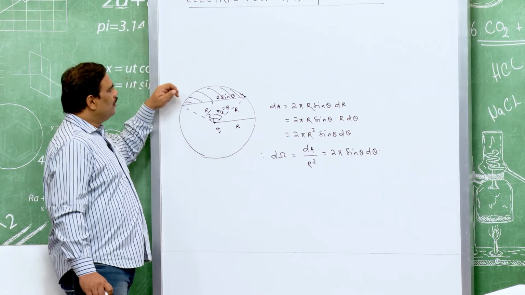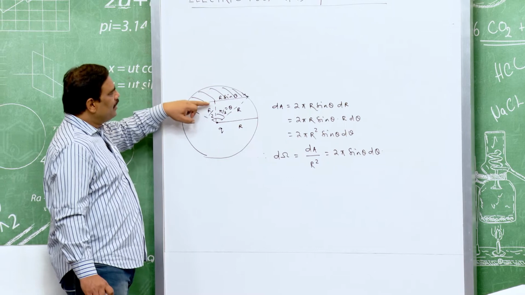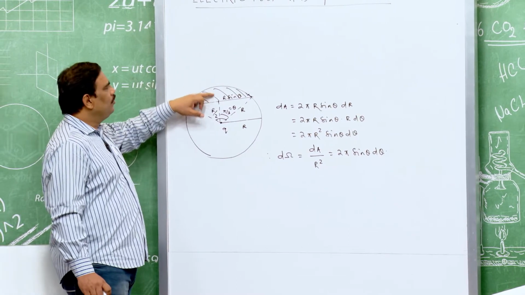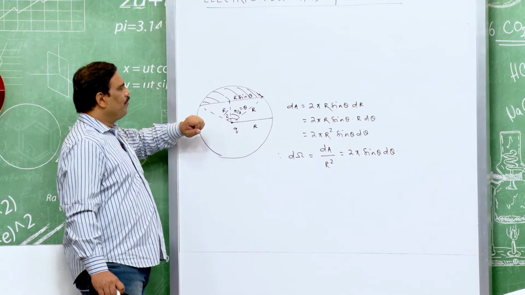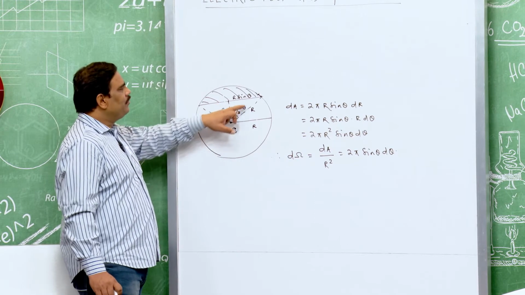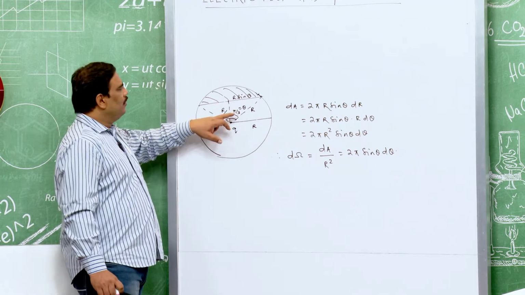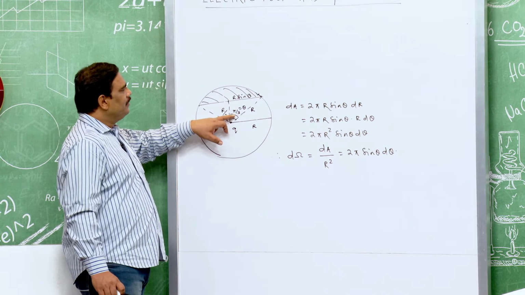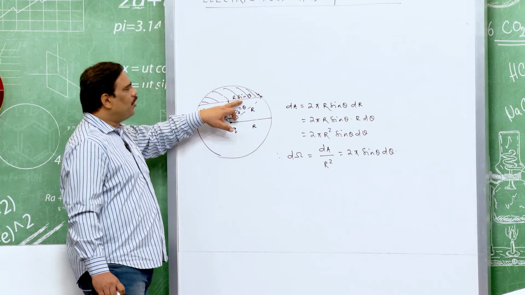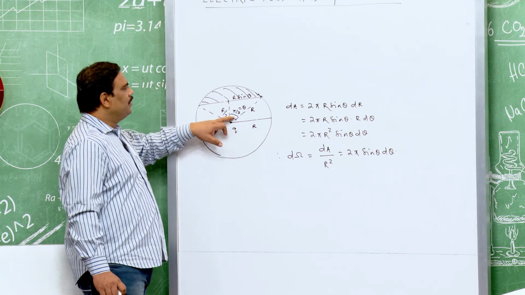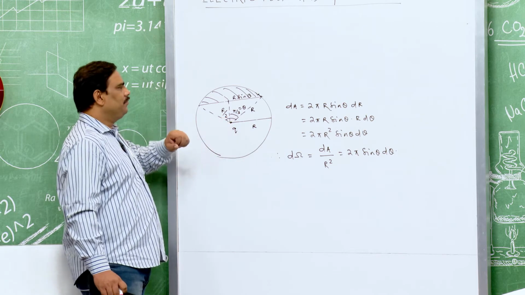Suppose the surface is the upper half starting from radius r by 2 to r. Now, obviously, from simple geometry we can find out the angle made by the radius of that small portion is pi by 3 at the center.